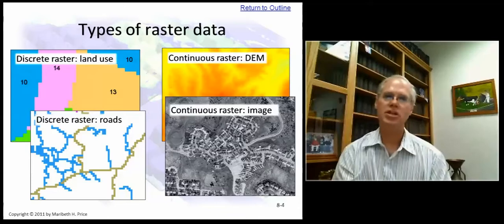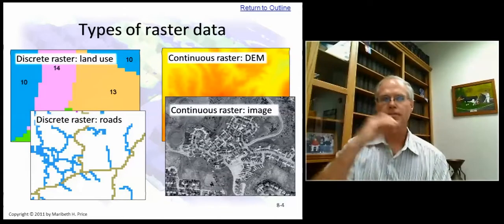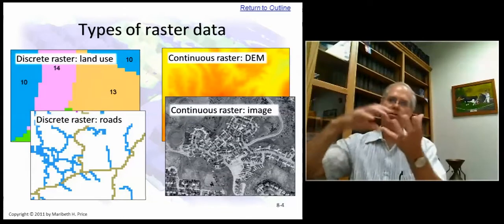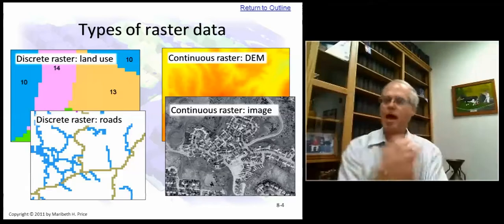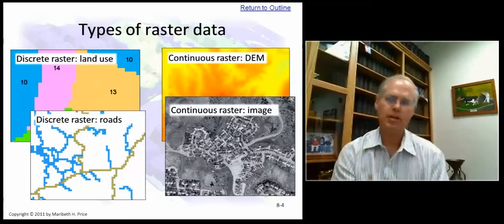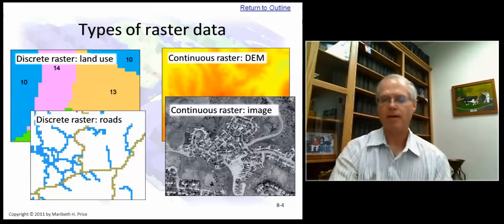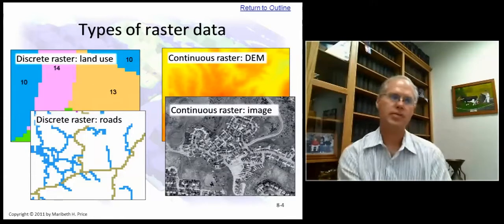And DEMs are digital elevation models. So they basically have the altitude in every single block, and you can do a lot of neat analysis with DEM rasters. Images, there really isn't anything to analyze when you look at them typically, but they make good backgrounds, depending on the type of image for that matter.